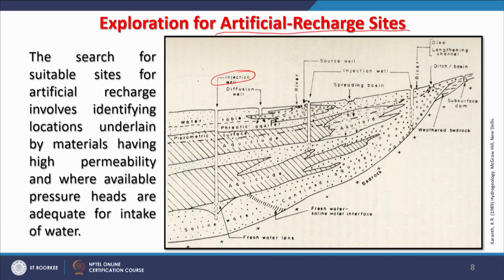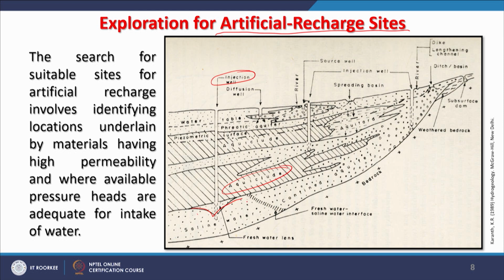So, where can we do artificial recharge? Like here you see an injection well, which is nothing but an artificial recharge site. From here the water is allowed to go down, and this is an aquiclude, so it is not allowing water to come up.